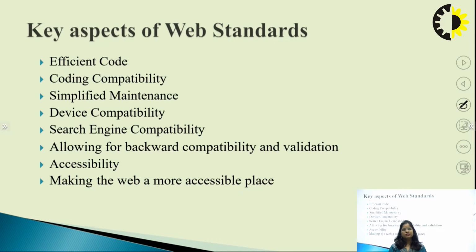The first facility is efficient coding, then compatibility, simplified maintenance, device compatibility, search engine compatibility, allowing for backward compatibility and validation, and accessibility, making the web a more accessible place. Let us discuss all these key aspects one by one.